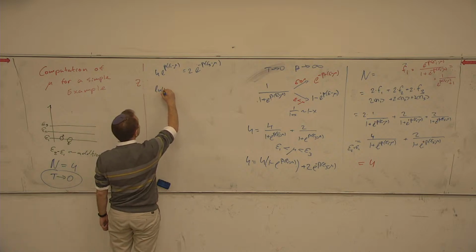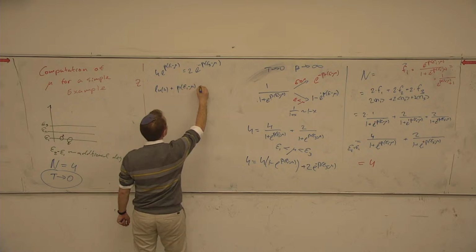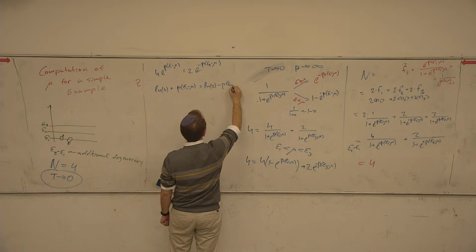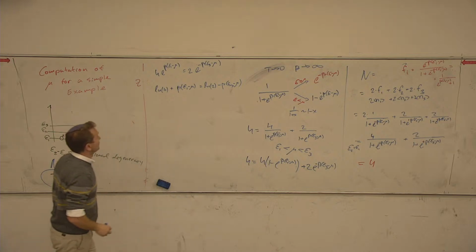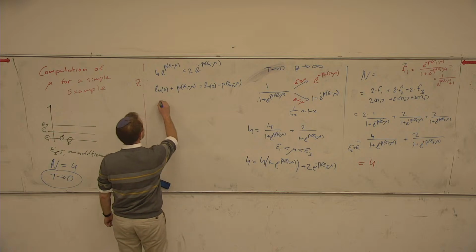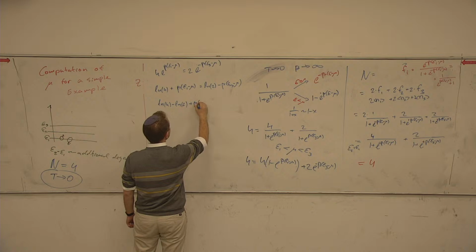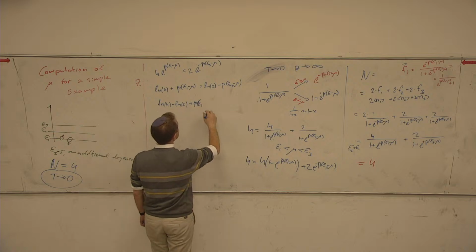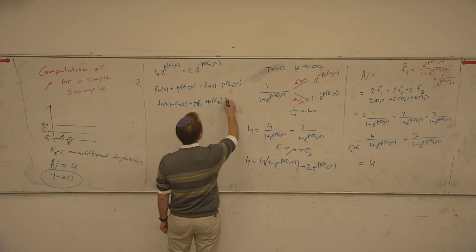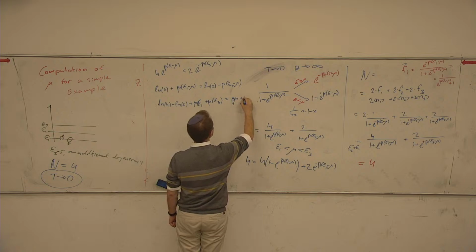So log of 4 plus beta (epsilon 1 minus mu) equals log of 2 minus beta (epsilon 3 minus mu). Okay, so we have log of 4 minus log of 2 plus beta epsilon 1 plus beta epsilon 3 equals beta mu plus beta mu.